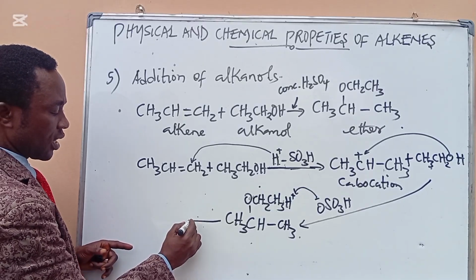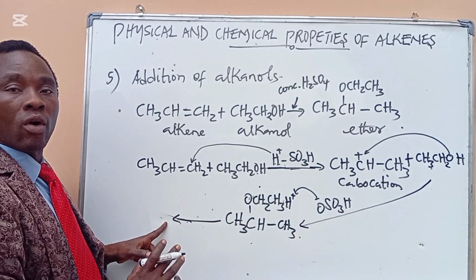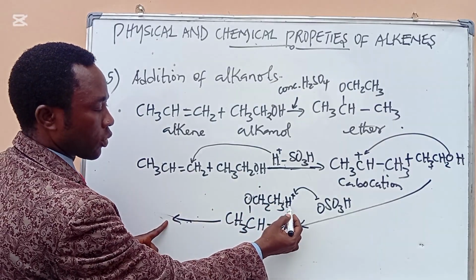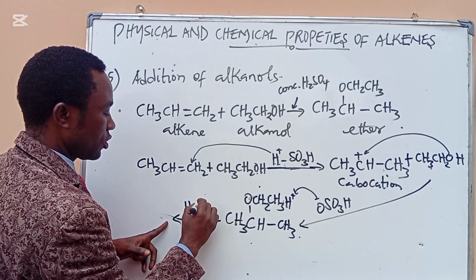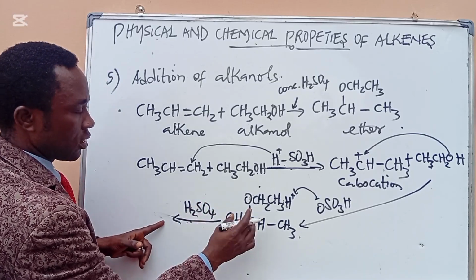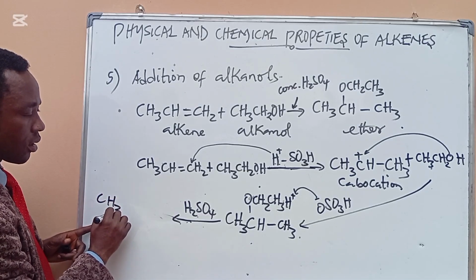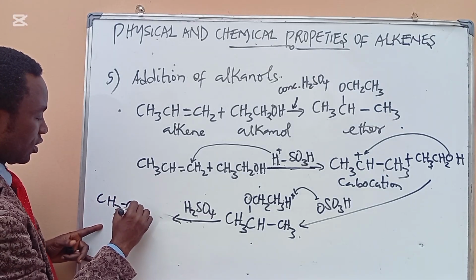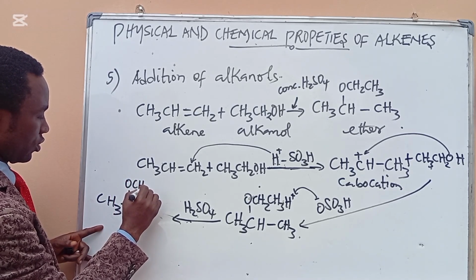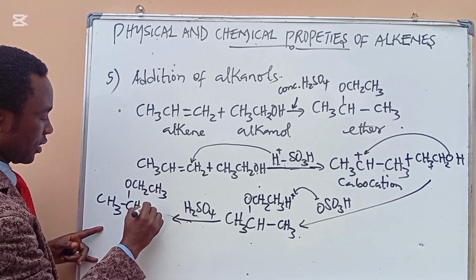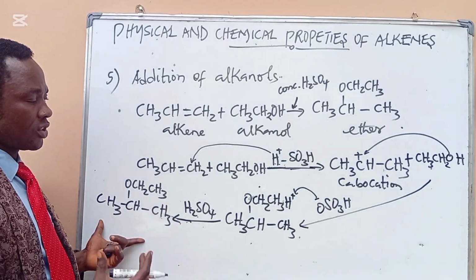When the proton is picked, the H2SO4 will be restored, so that the proton here plus the hydrogen here will be two hydrogens, which is H2SO4. Then what remains is CH3 CH(OCH2CH3) CH3. That is the mechanism in which this reaction takes place.